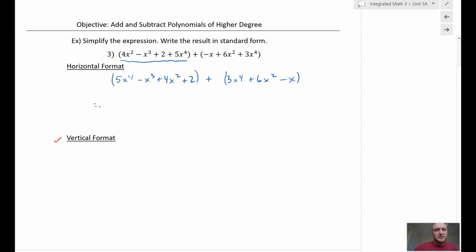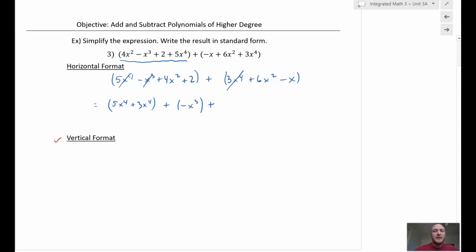you group like terms. So I have 5x to the fourth plus 3x to the fourth. So there's like terms. The next term I have is a negative x cubed, right? Notice I don't have any x cubed terms over here. And what I like to do is slash out terms that I've used before.